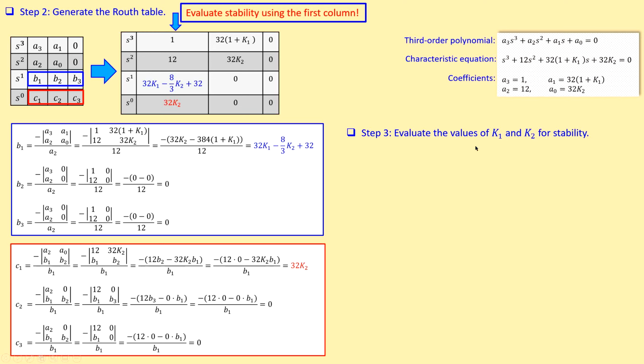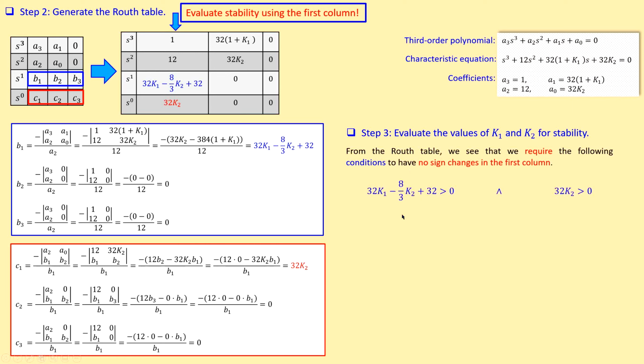That means this column must not show any sign changes. So if I started with a positive number, and again positive, so 1 and 12, this must also be positive, and this must also be positive. So I have two conditions, which from the Routh table we see that we require: no sign change in the first column.